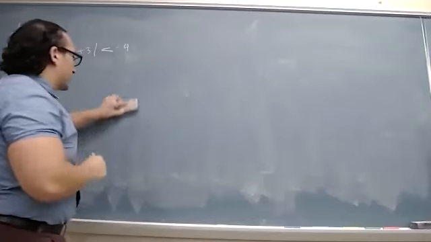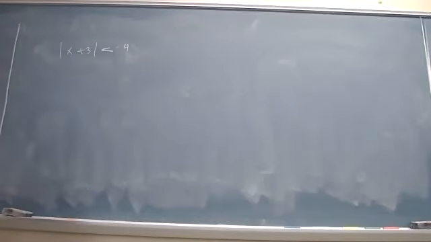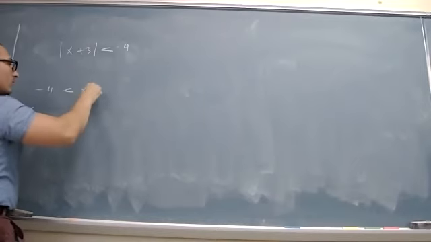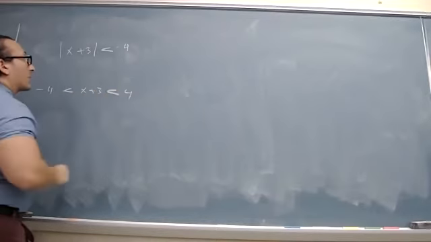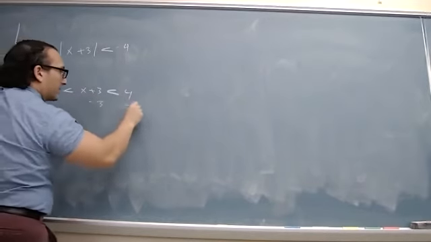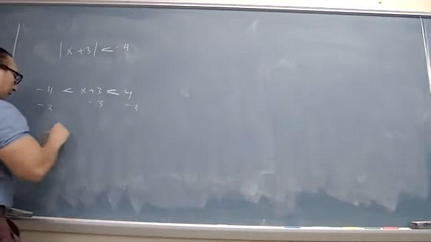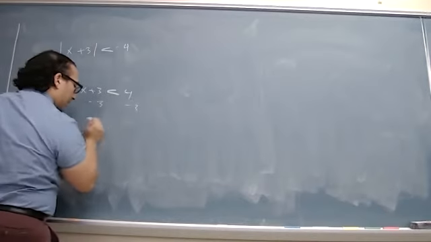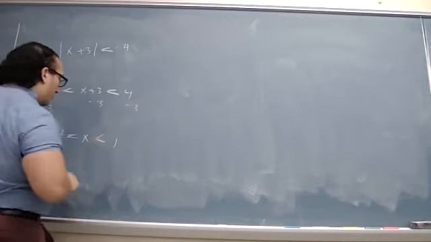So that's wrong. But we can apply the fundamental theorem of absolute values here to get this. Now this is correct. Now I can subtract the 3 from both sides. So I get a -7 over here, an x, and a 1.